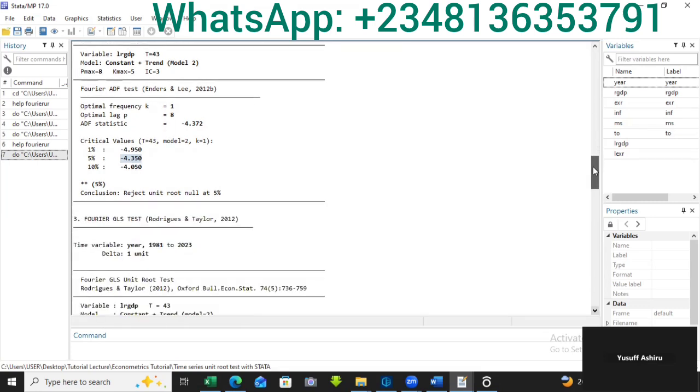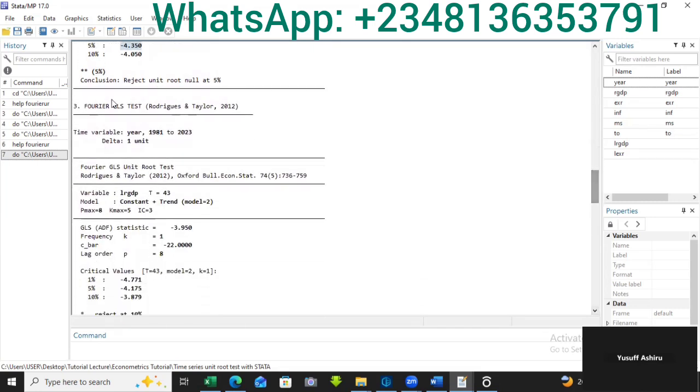So let's check the next test, that is the Fourier GLS test. Now we have the test statistic. This is minus 3.95. When you compare with the critical value at 5%, you can see that this is less negative than this critical value. So we are not going to reject the null hypothesis.